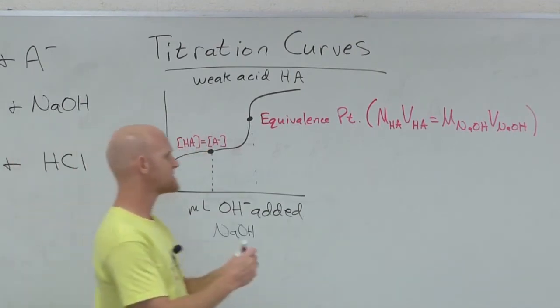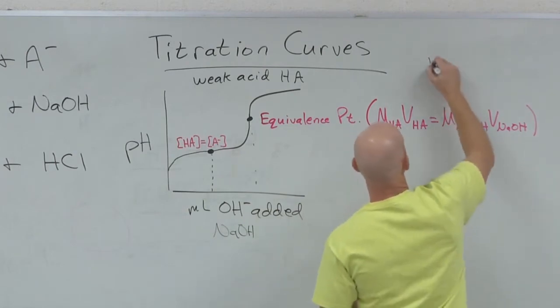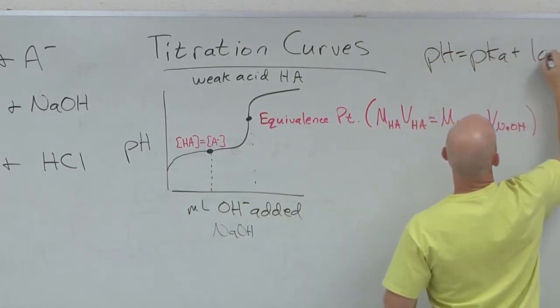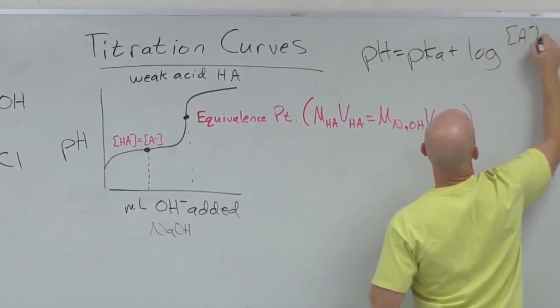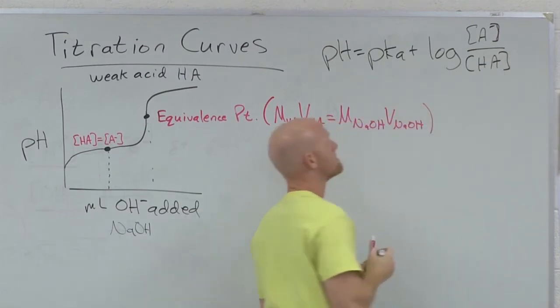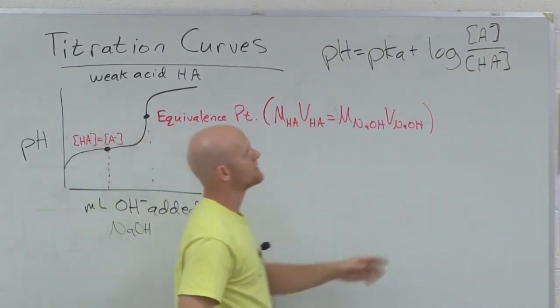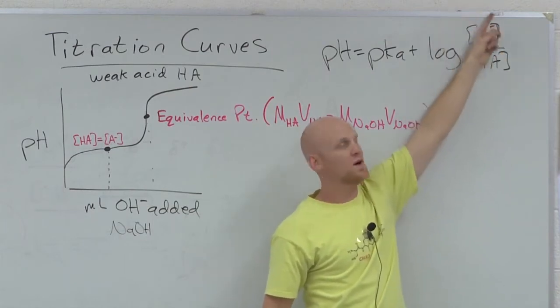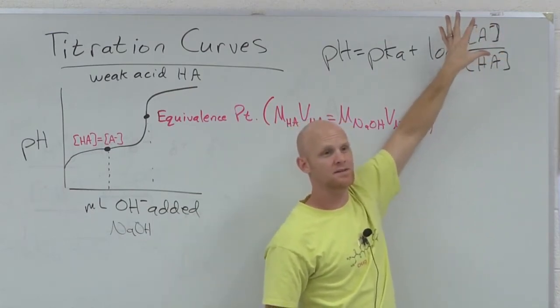And if you look at your Henderson-Hasselbalch again, so if the concentration of A minus and HA are equal, then what ratio is this? 1. And what's the log of 1? 0.